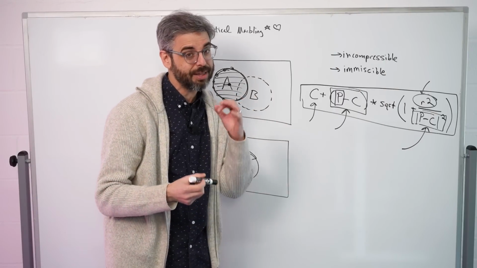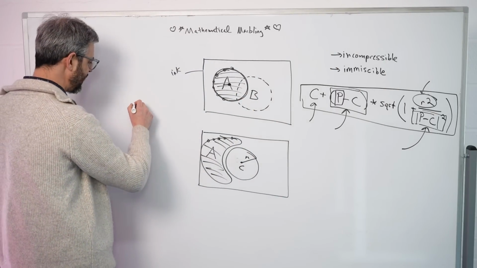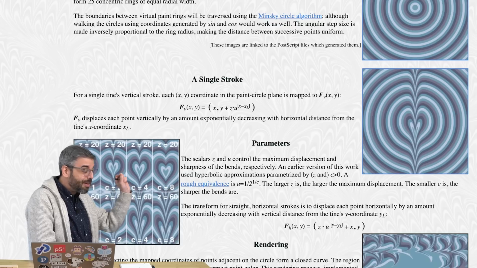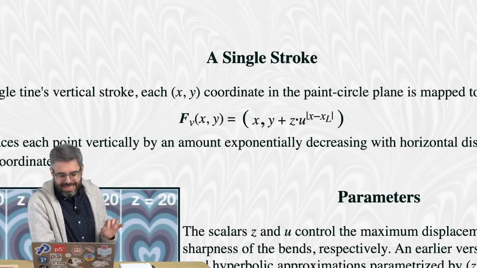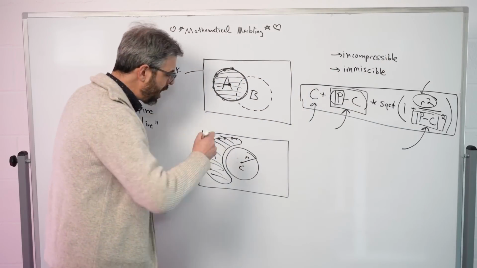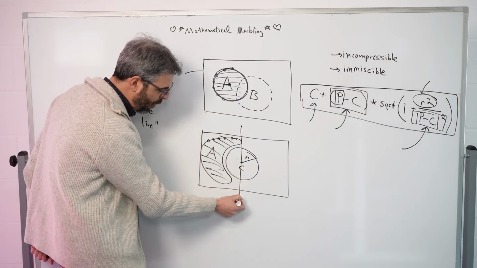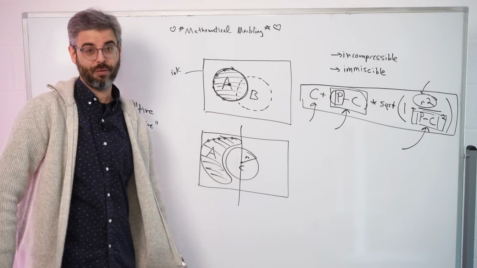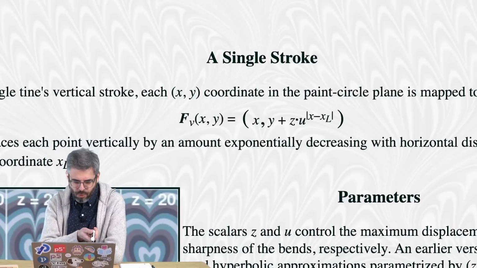And this is something that's referred to as a tine line. What would that math be? The formula for this is outlined here. The simplest place for us to start would be to just think about a single vertical line going down the middle. Imagine taking a toothpick and dragging it over the ink. Let's look at this formula.